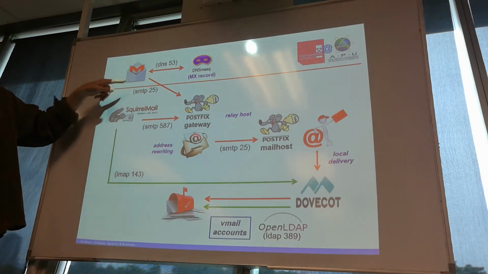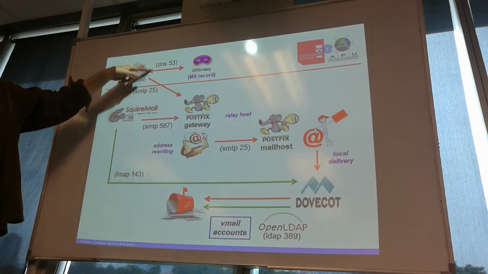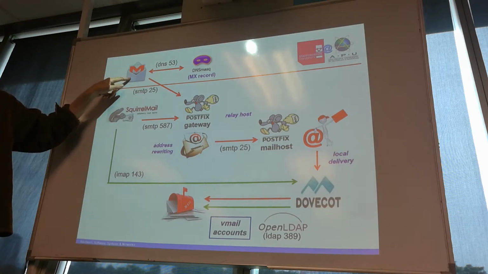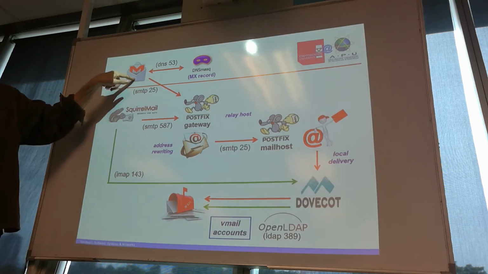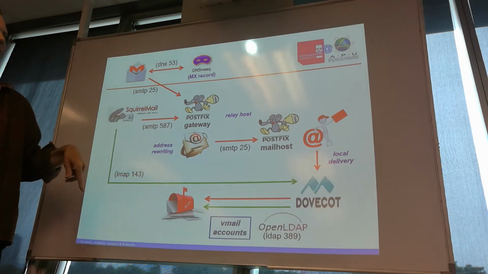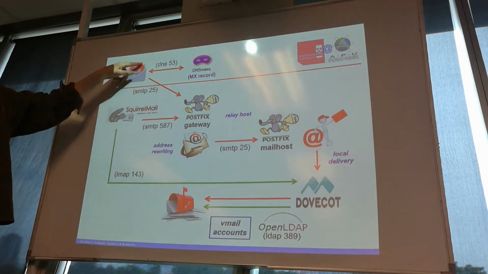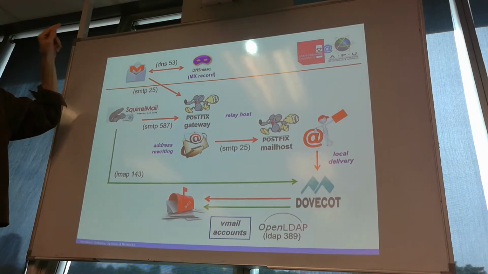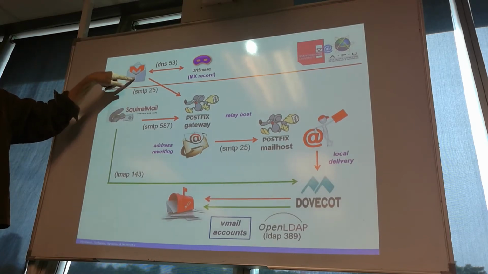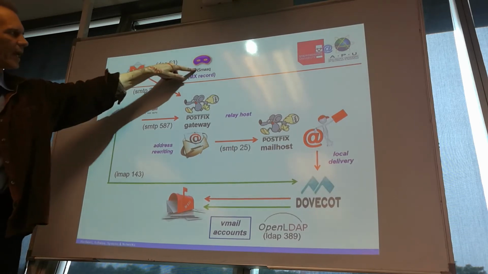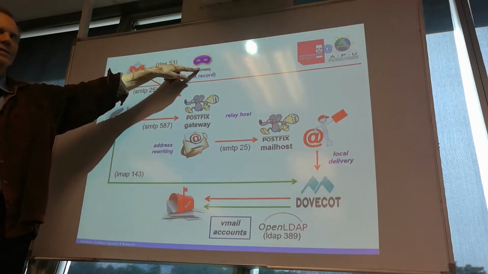If somebody using a Gmail account wants to send email to somebody at tinynet.edu, they write it in their browser, and when they hit send, Gmail checks with our DNS.